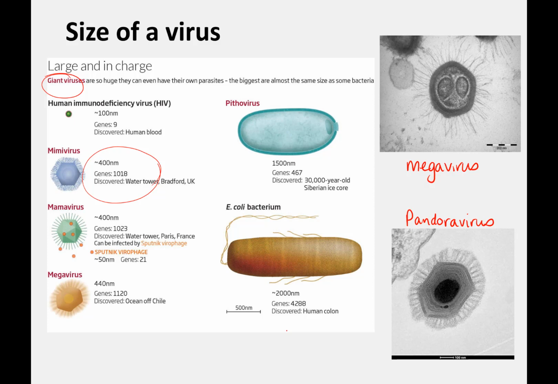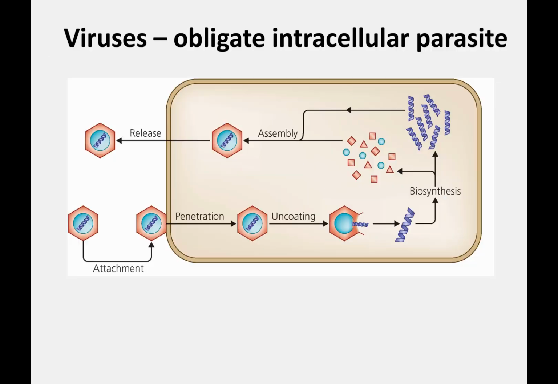Totally different types of structures, very different genes. They were thought to be intracellular bacteria when they were first discovered, but they are in fact a virus. And what makes something a virus is that it's an obligate intracellular parasite.